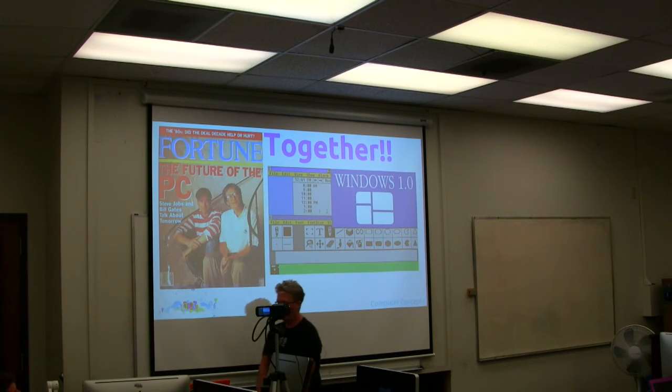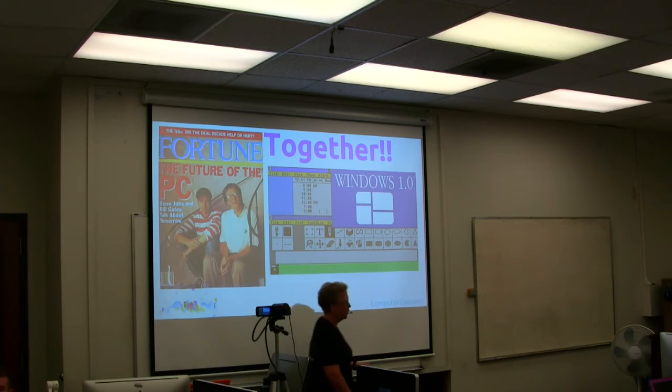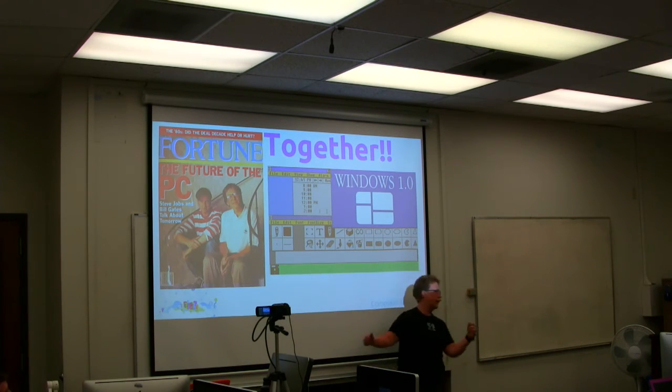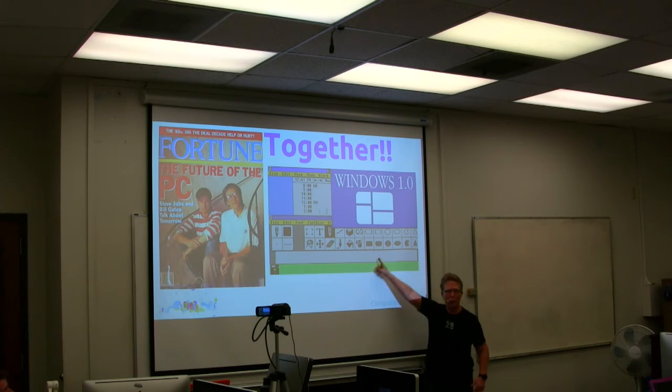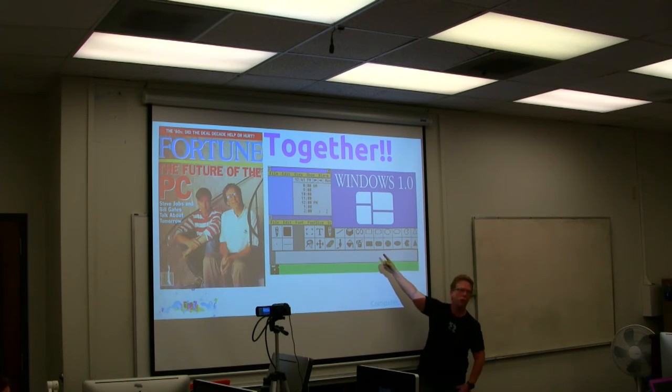So, and by the way, this is 1.0, this is Paint, right? Which, by the way, Windows 1.0, bad. Windows 2.0, bad. Windows 3.0, bad. Why were they so bad? Because they reverse engineered it. They had to look at the code. They couldn't use the code. They had to reverse engineer the code, and it was bad.